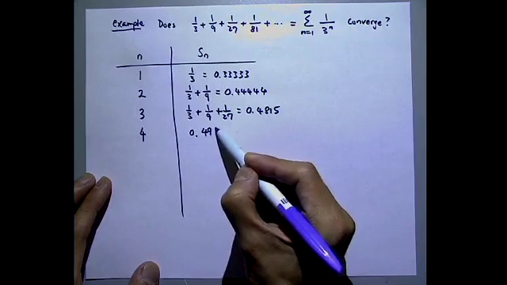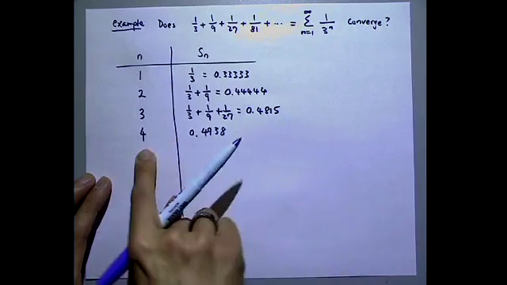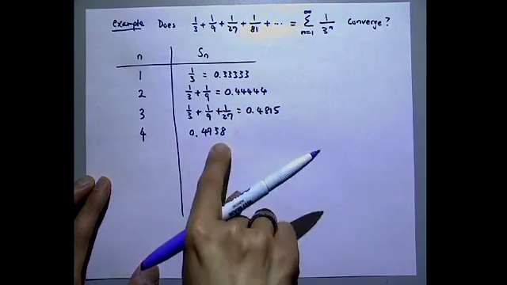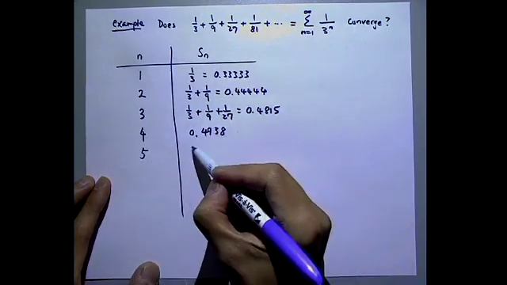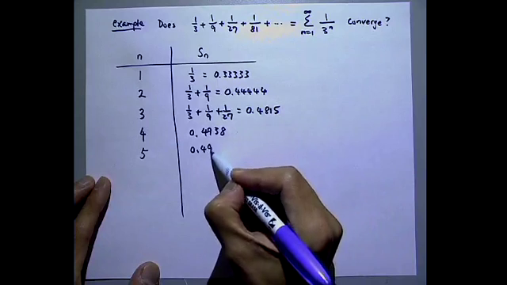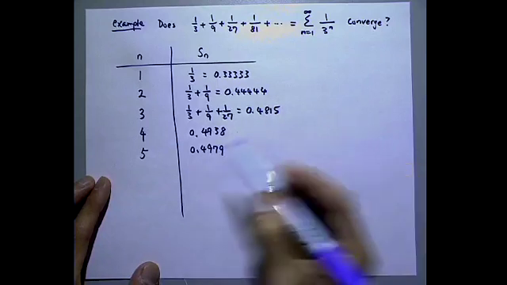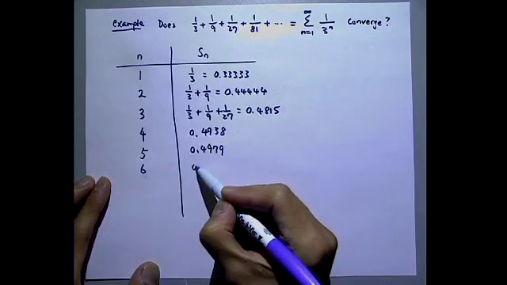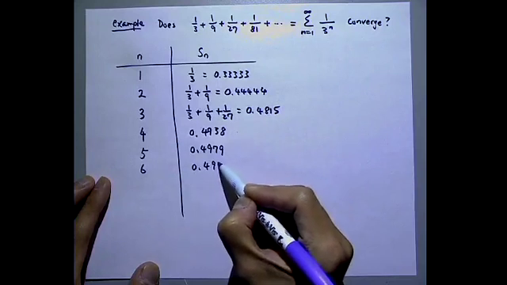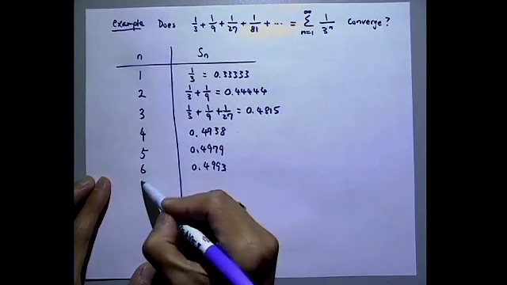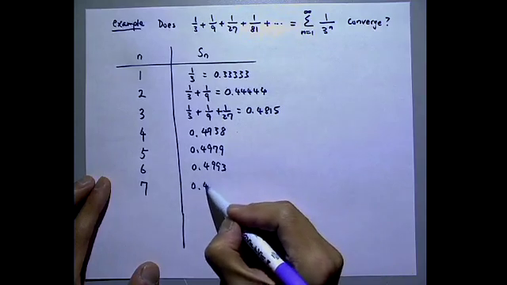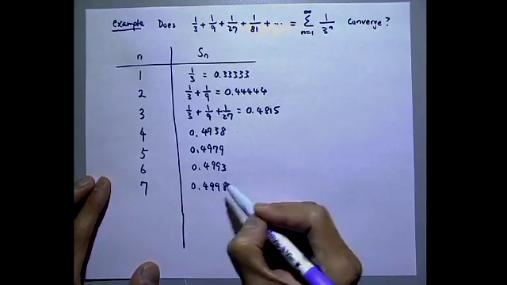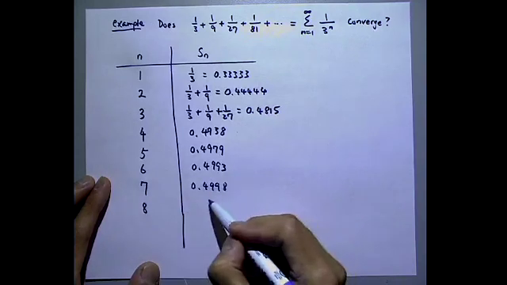We're just going to look at the numbers. The sum of the first 4 terms gives me that. Sum of the first 5. First 6. The first 7. The first 8.